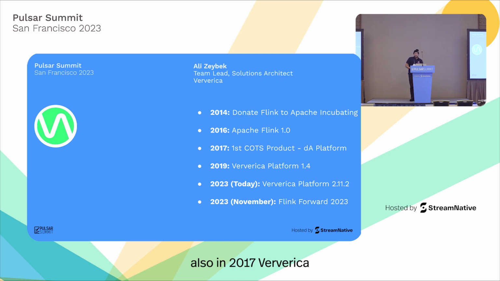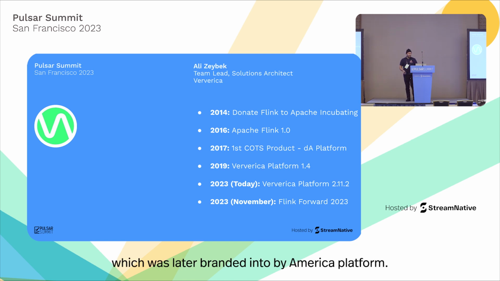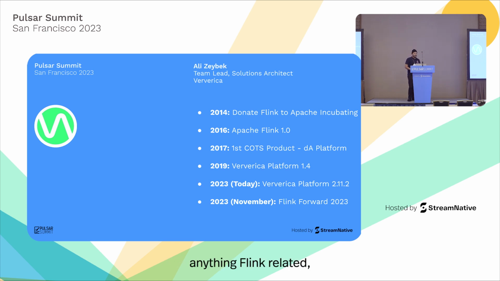Also, in 2017, Ververica launched its first off-the-shelf product, which was later branded into Ververica Platform, where today we have the latest version available. And also, we are the company that is organizing Flink Forward. So if you're interested in anything Flink related, feel free to have a look at it.